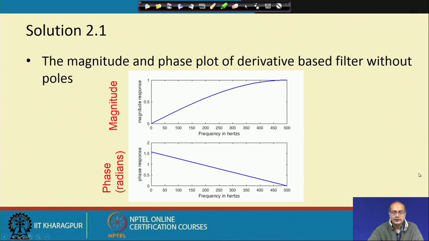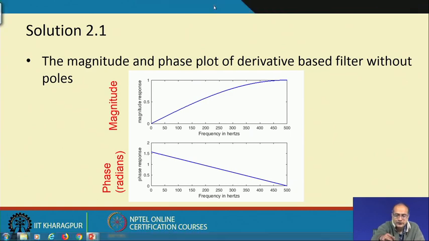Here we see the response of the filter. Its response is 0 at the DC frequency and it slowly moves up, and after about 450 hertz or so it is getting saturated.